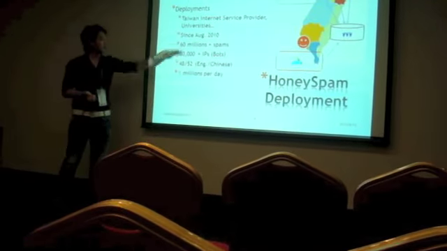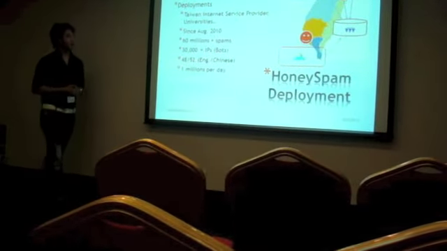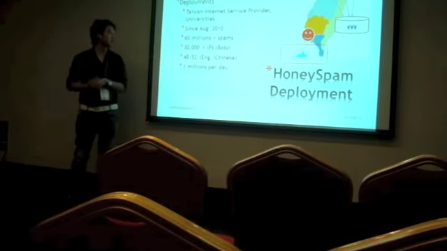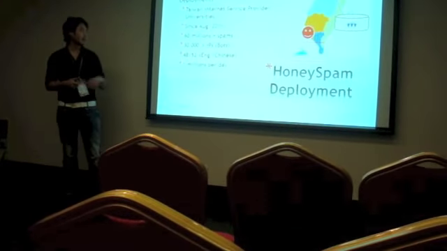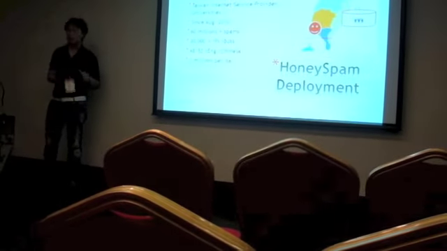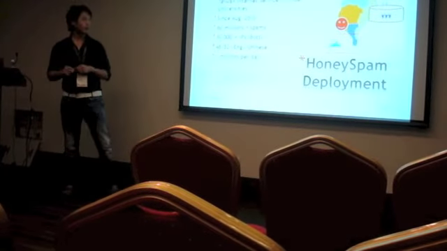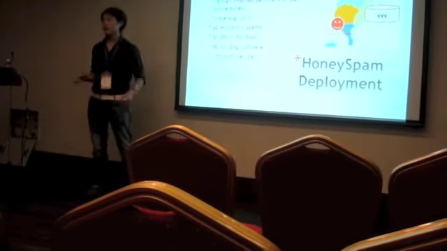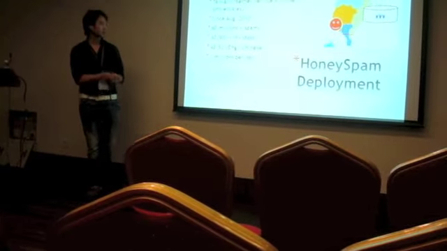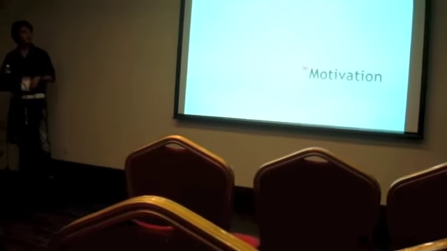We deployed since August 2010, and now we have collected 60 million spams and 30,000 IPs. The content of these spams is largely Chinese and the rest is English, and about 1 million per day are incoming now.